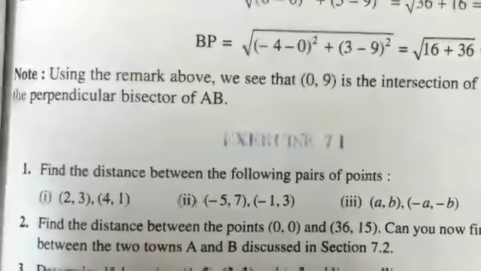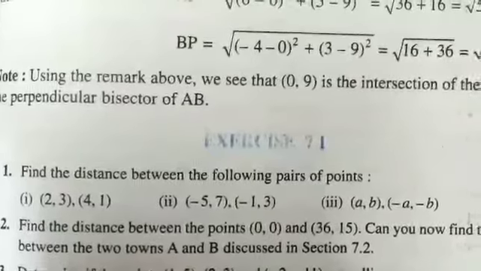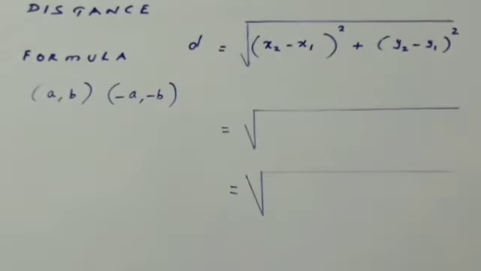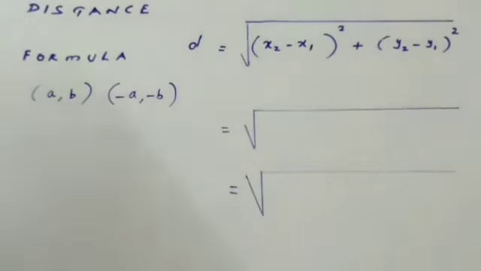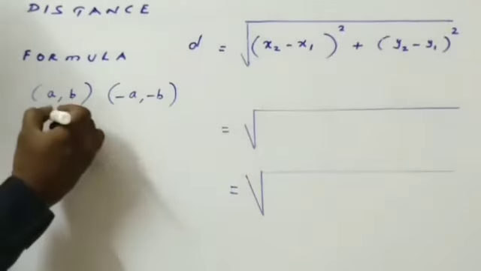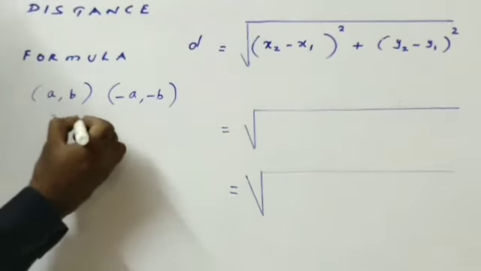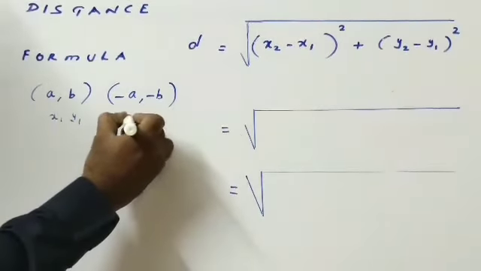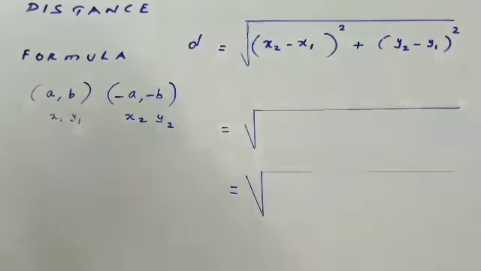Subdivision 3 of the first question: (a, b) and (minus a, minus b). Now the third subdivision of the first question, the points are (a, b) and (minus a, minus b). First consider the first point (a, b) as (x1, y1) and the second point (minus a, minus b) as (x2, y2). Now apply in the formula.